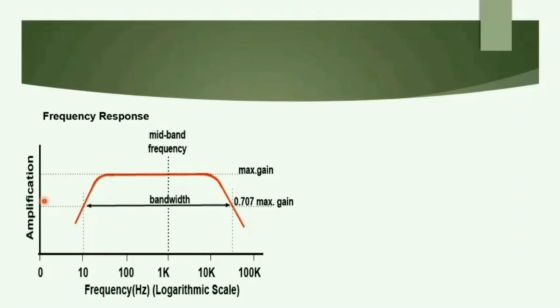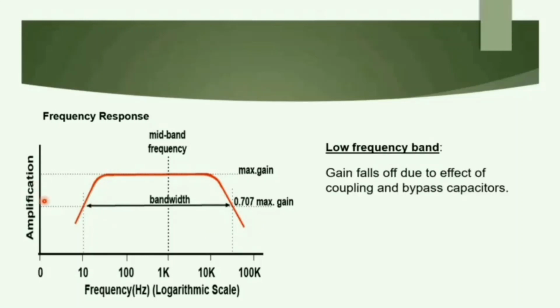In the low frequency band, the fall-off in gain is because of the reactances provided by coupling and bypass capacitors. In low frequency range, the reactance provided by coupling and bypass capacitors will be high, which will cause more voltage drop across them. That results in a low voltage gain.